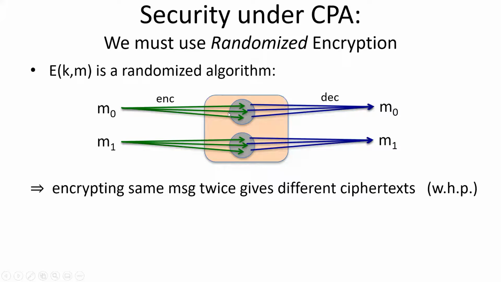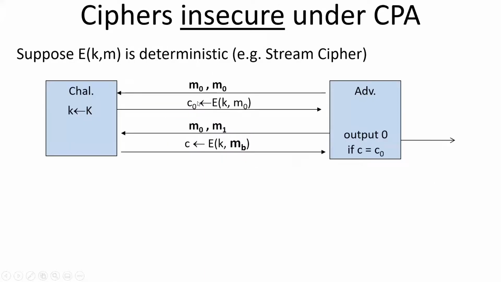And now, if the randomness is used in an efficient way, so that the ciphertext is sampled from this space, and the space is large enough, then consider the previous attack where the adversary says, give me an encryption of M0, and now give me an encryption of either M0 or M1.